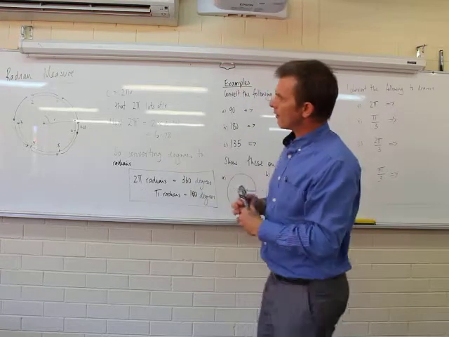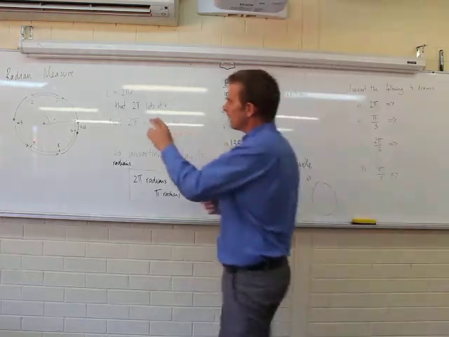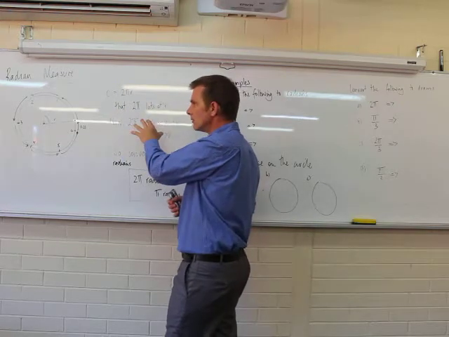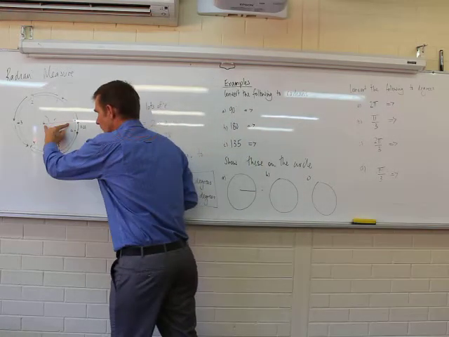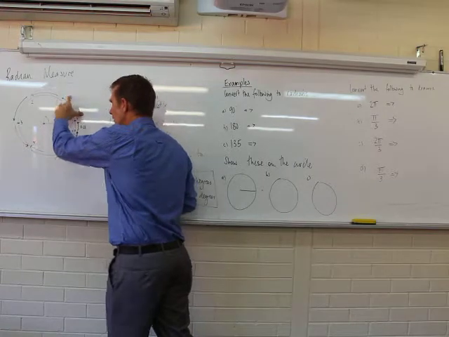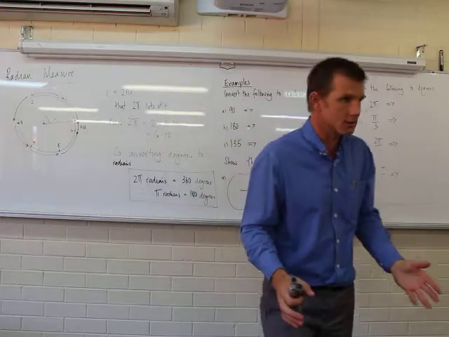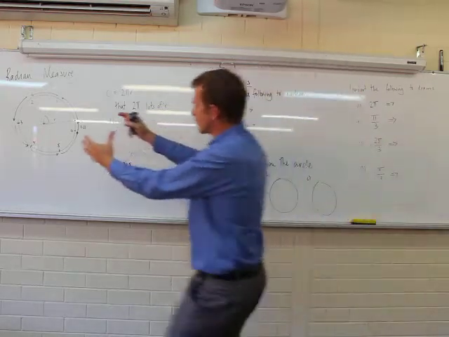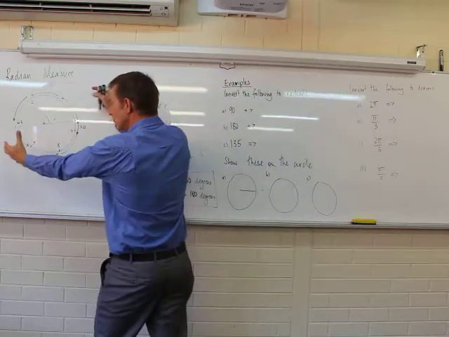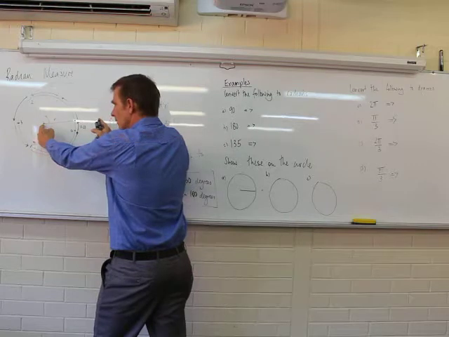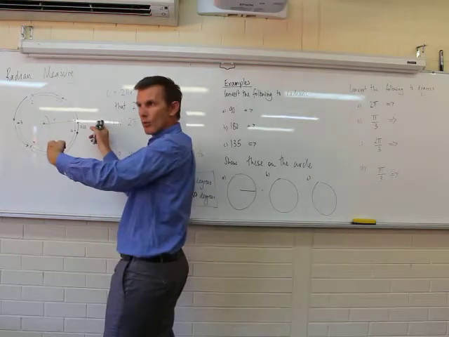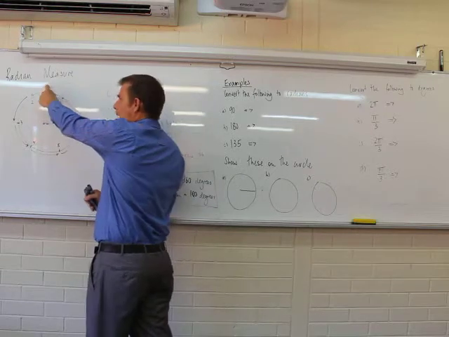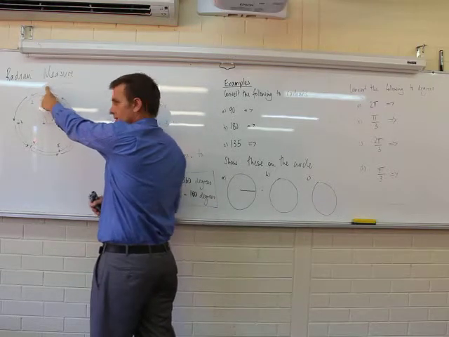Now, with that idea in mind, a radian measure of 1 is going to be whatever the radius is there, and it actually doesn't matter what the radius is, because if I drew that circle a little bit bigger, well then the radius would be bigger, but the circumference would be bigger as well, wouldn't it? So the distance around the outside to 1 radian would still be the same.